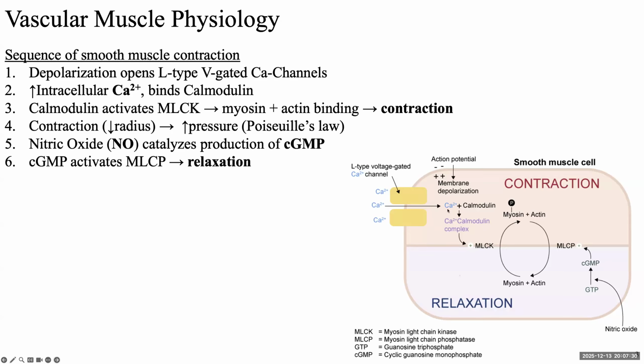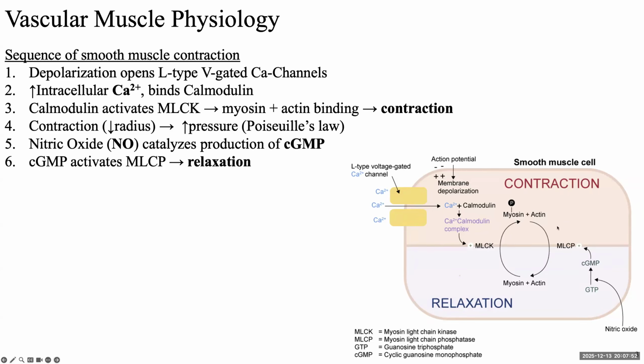And the calcium will bind calmodulin. From there, calmodulin will activate MLCK or myosin light chain kinase. And this activates myosin and actin binding, and we get a muscle contraction from that.